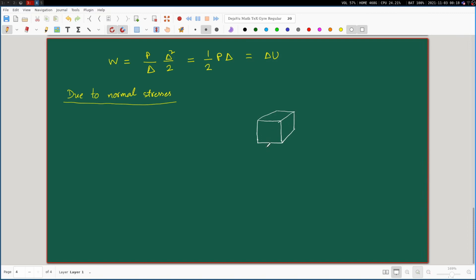We have dx here and dy here. So this vertical line is dy, and this line into the plane of the screen is dz. And we are going to just consider the strain energy associated with sigma xx. Okay, so we have the sigma xx here.